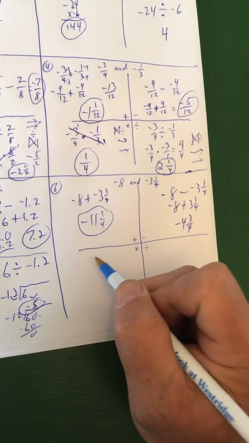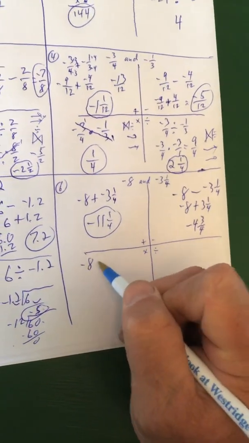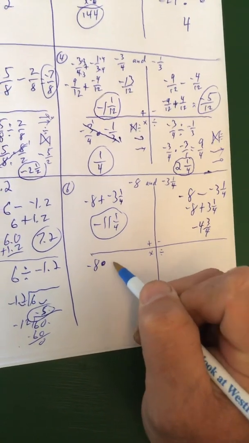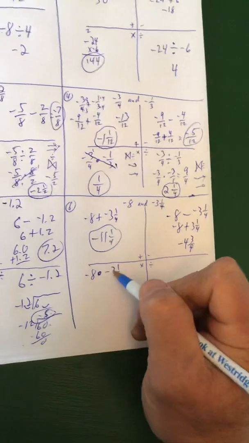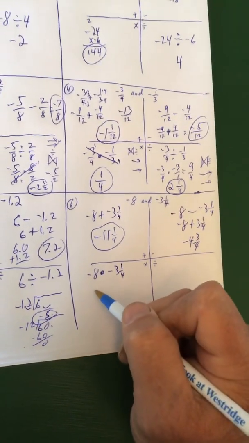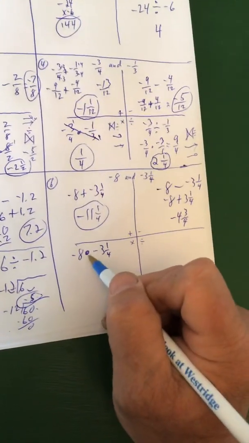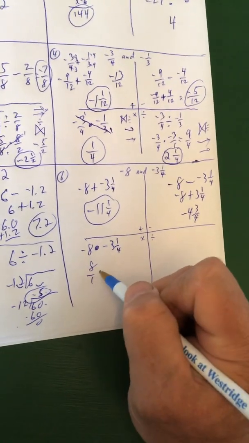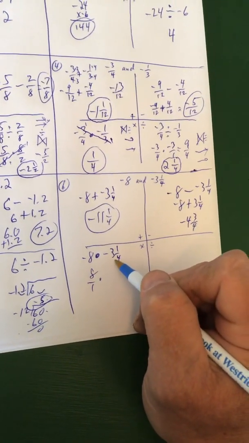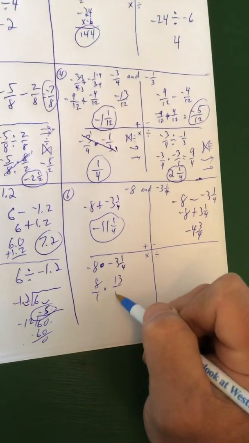And then -8 times -3 1/4. Well, I'm just going to make them both fractions. And multiplying and dividing, the signs are the same, your answer is positive, so I'm not going to worry about the signs. This is just 8/1 times 12 plus 1 is 13/4.